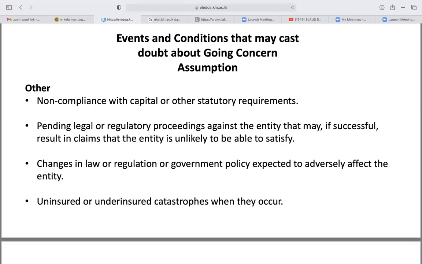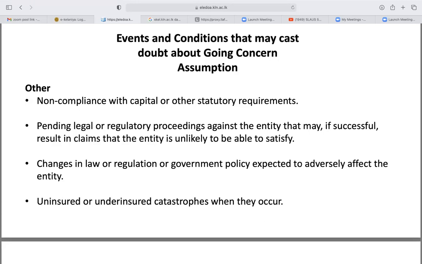So then it will have some going concern issues, right? Pending legal or regulatory procedures: these are based on non-compliance and regulatory matters, actually based on the law. If anything happens because of the law, policies or non-compliance, then it is also an indication that the company has a going concern issue, right?